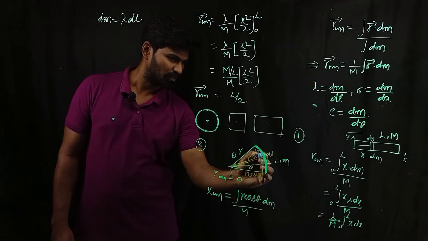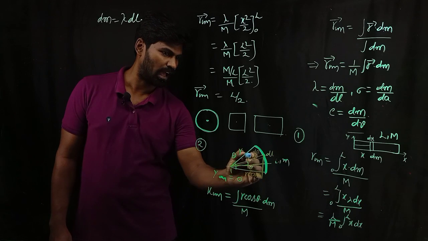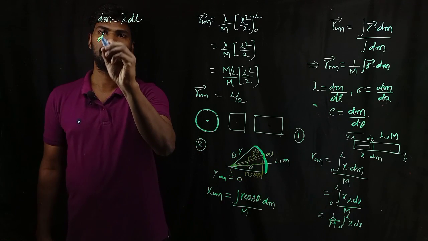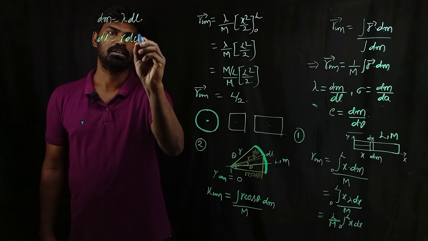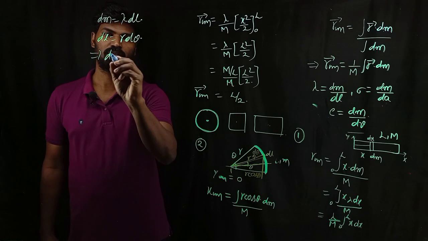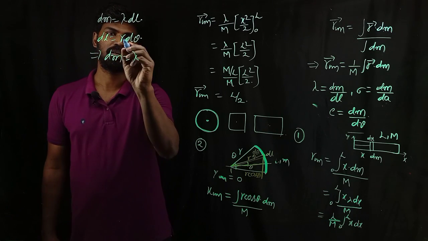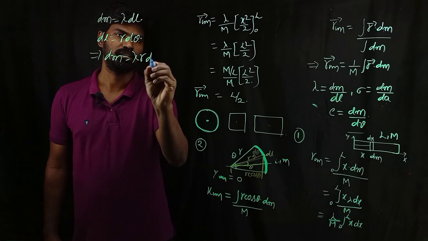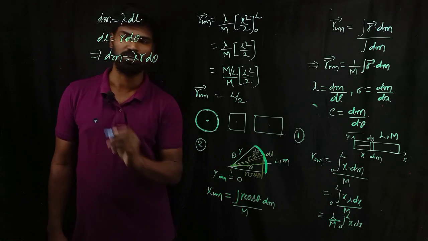So if you look at this expression, what is the relationship between dl, r and d theta in a circle? dl is equal to r d theta. That implies dm is equal to lambda into, in place of dl, r d theta. This I am going to substitute back into this expression.